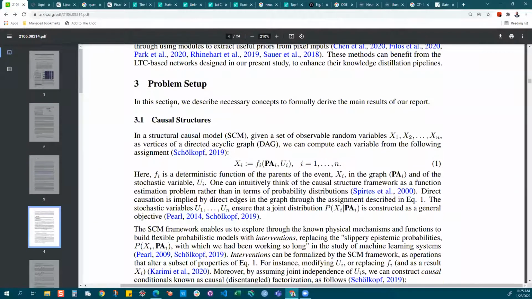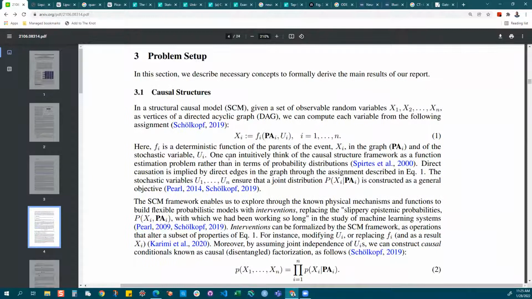Then they talk about the problem setup. They talk about causal structures, how causal structures can be established in such a case. There is a concept called structural causal model, or SCM, developed mostly by Pearl and Spitzer and other people, which says that in a causal structure, we can have a causal graph with different variables as the vertices of a graph, and that graph is usually a directed acyclic graph, or DAG for short.